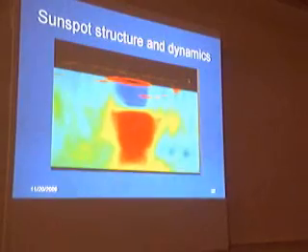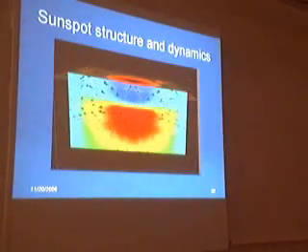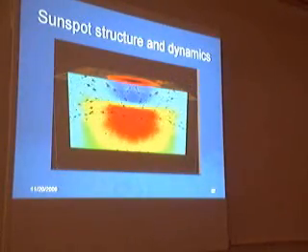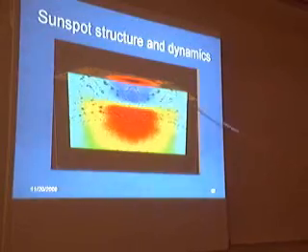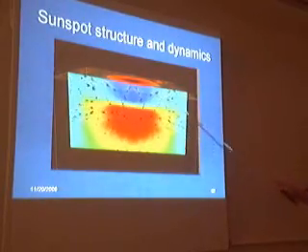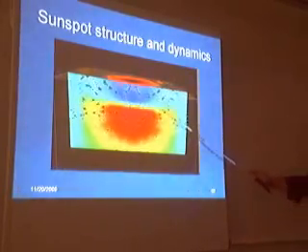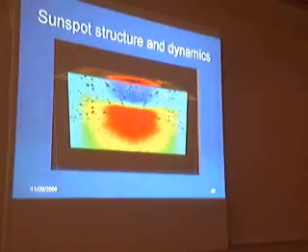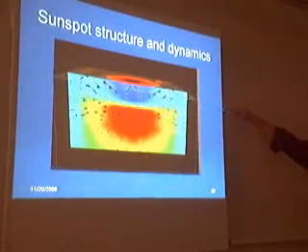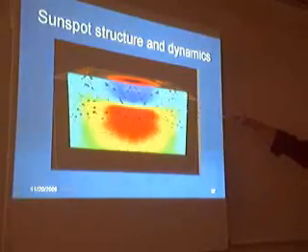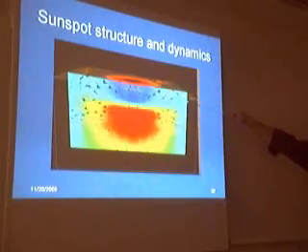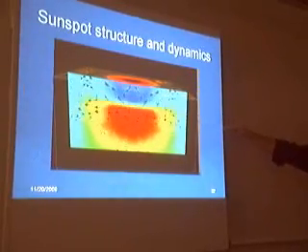And now I show the flow pattern that we derive also by measuring the travel times. So indeed we can see convergent flows below the sunspot. These convergent flows cover the range of depths up to 4 or 5 megameters, the same as the cooler part.